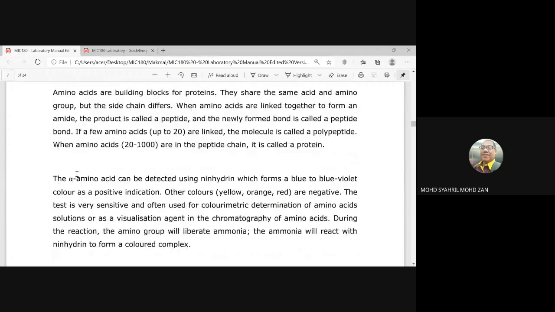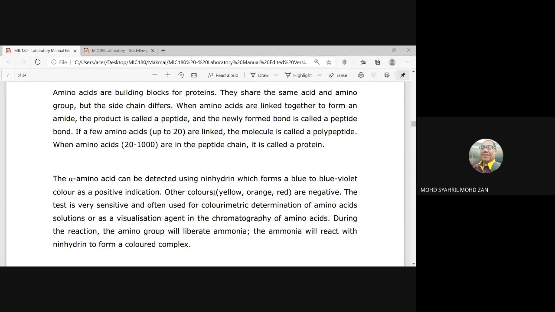Second paragraph is the first experiment actually. Okay. It's experiment number 1. Okay, so this will show the expected result actually. Okay, so alpha amino acid can be detected using ninhydrin, which forms a blue to blue violet color. The actual color for ninhydrin is blue, but if it's positive, it will change into blue violet.